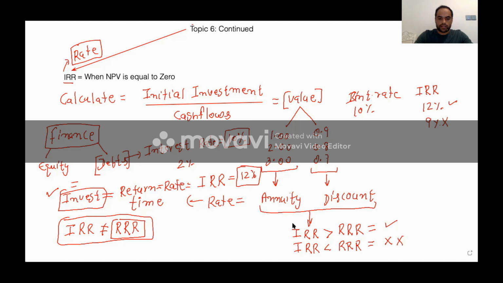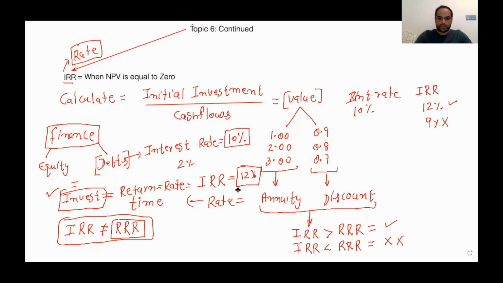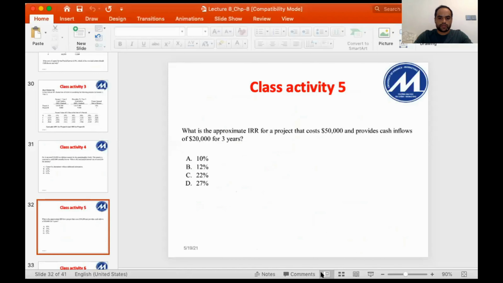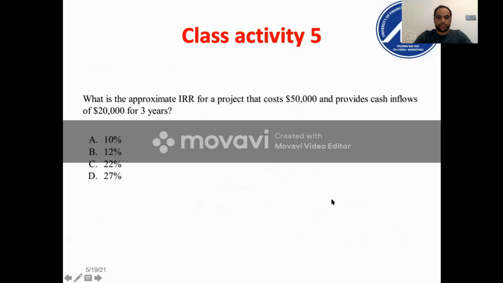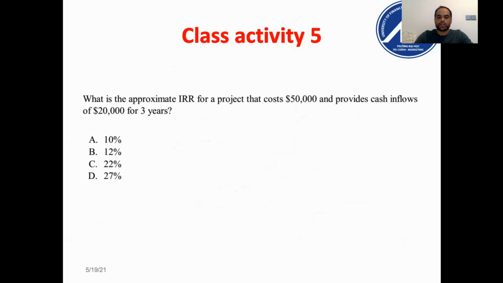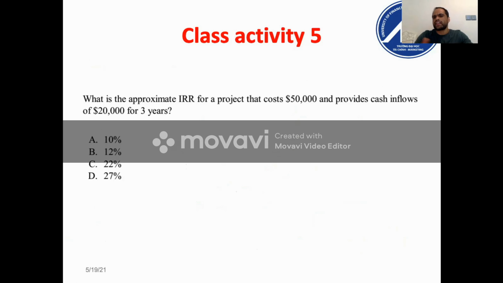So let's have a look at this question. Calculate IRR using this question. So here is your question. It says: what is the approximate IRR for the project that costs 50,000 and provides cash inflows of 20,000 for 3 years? So can you calculate IRR? You don't have to select or reject here, just simply calculate IRR.